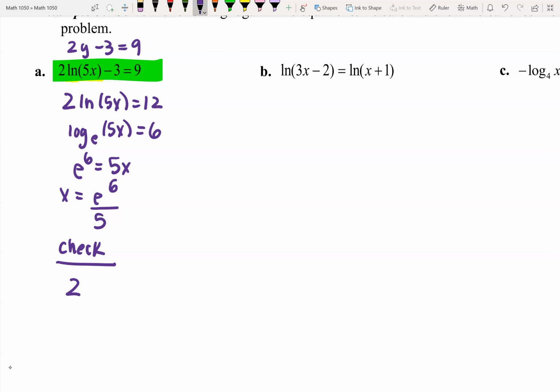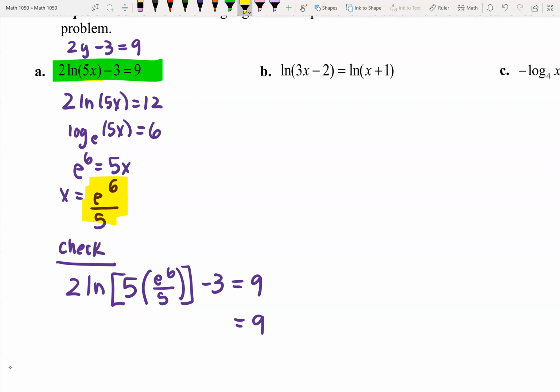You have to go to ln bracket 5 parenthesis e to the 6th over 5, close your parenthesis, close your bracket, minus 3 equals 9. Now, that does not look very fun. Listen what we're going to do. We're going to grab our calculator, and we're going to store that in our calculator.